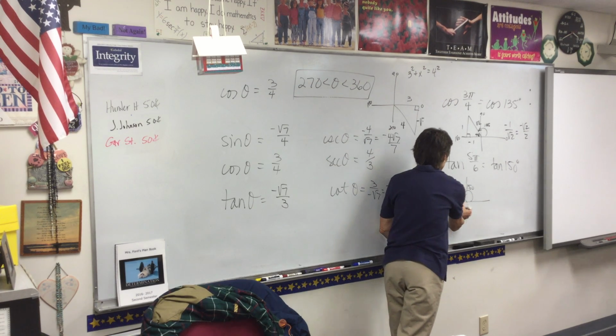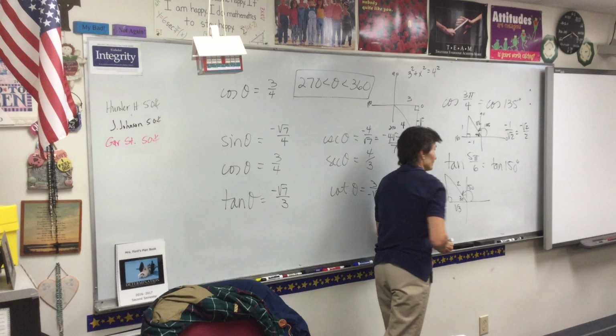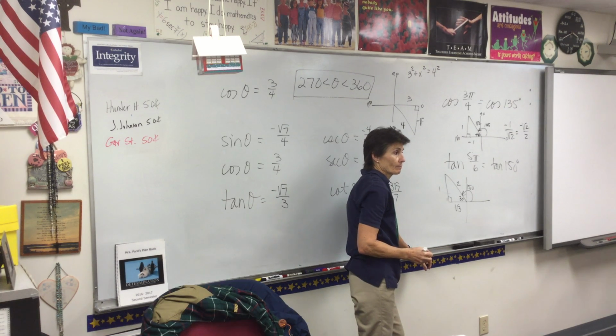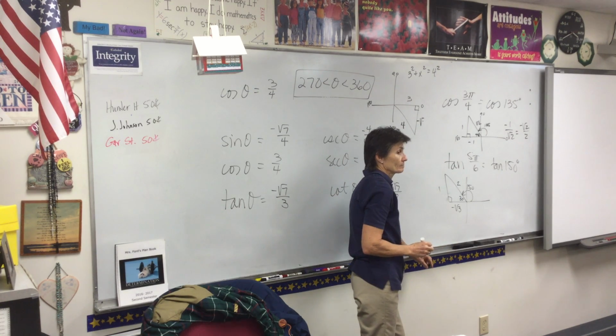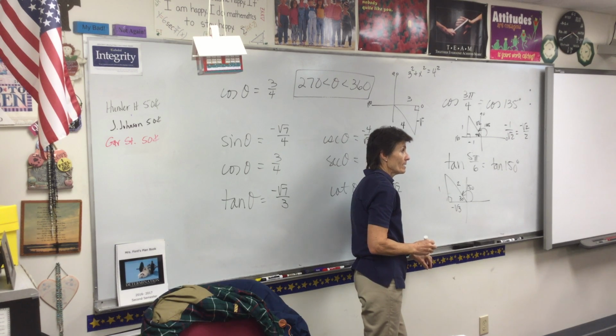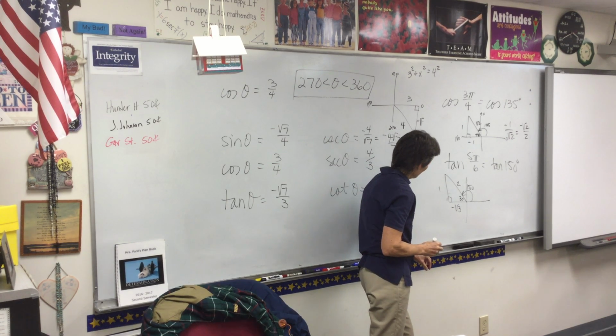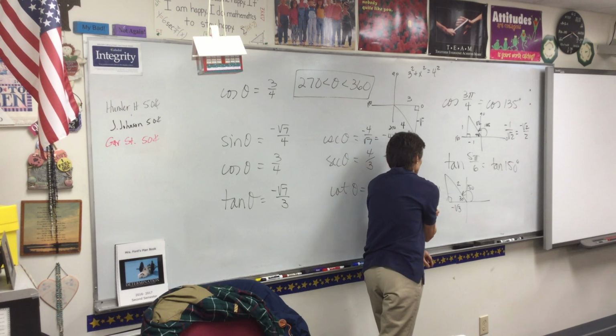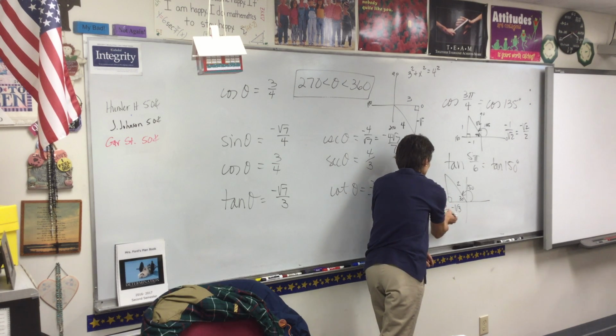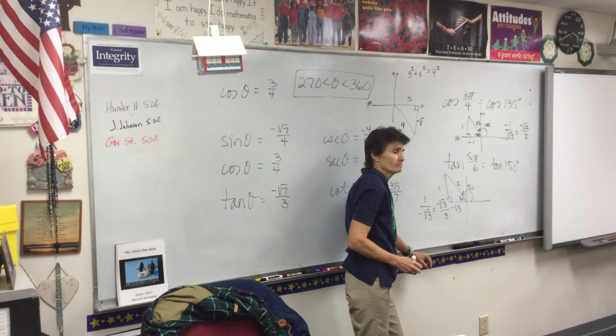So 1, root 3, 2. Is there a negative anywhere? Then root 3. Right there? Right? Yep. And I need tangent. What's tangent? Opposite over adjacent. So negative root 3 over 3?